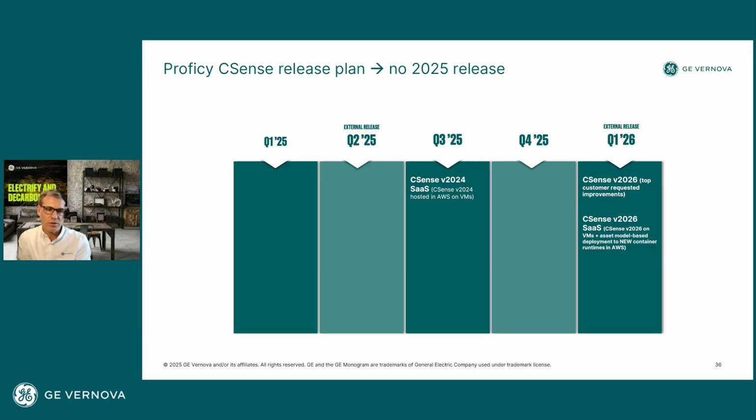So you'll have to also have Smart Factory as SaaS or Proficy historian as SaaS. Then you'll be able to also have CSense as SaaS.